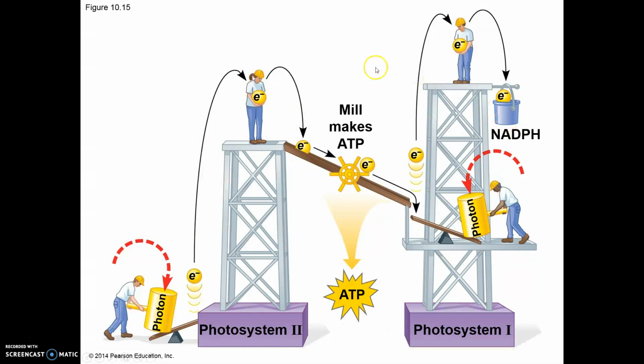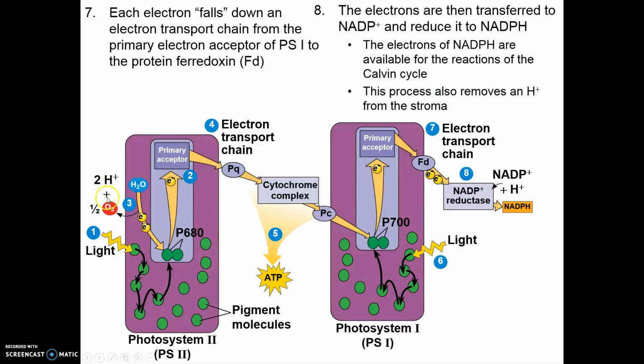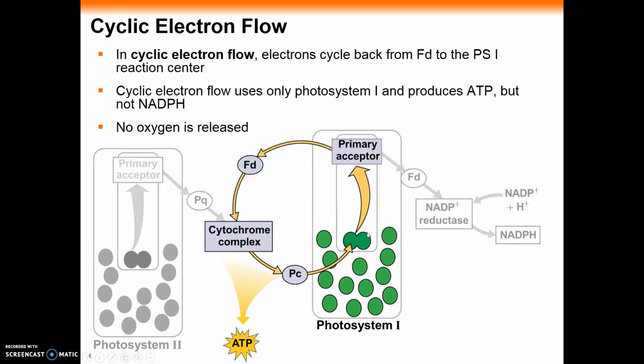Now, this is not the only way it can run. This is called a linear method, right? So we start off here, the electrons go from here to here. It is a linear flow. There is an alternative to that, which is called cyclic flow. Here, if we don't need to make any sugar, we just need the ATP, we can essentially take the excited electron from photosystem 1, pass it back into the top of this electron transport chain, and keep cycling it through.